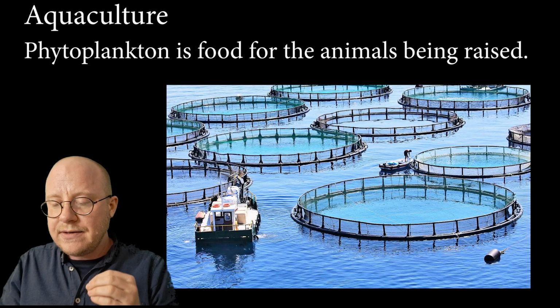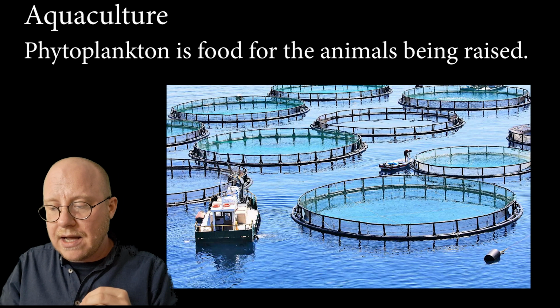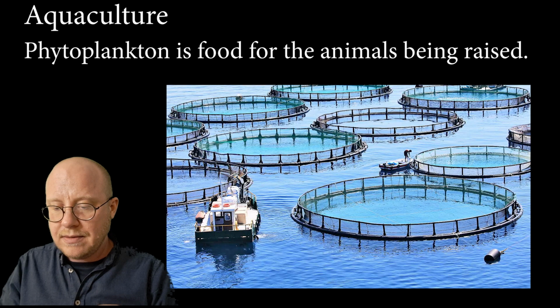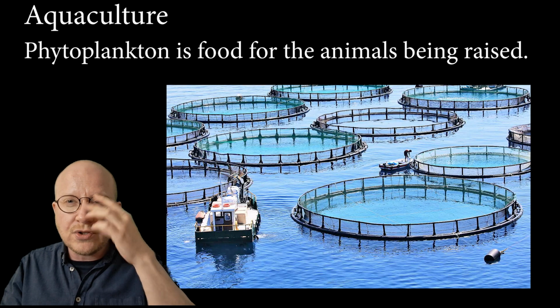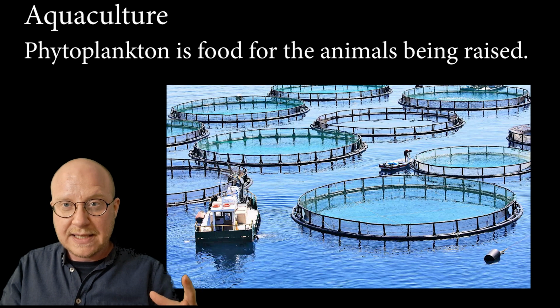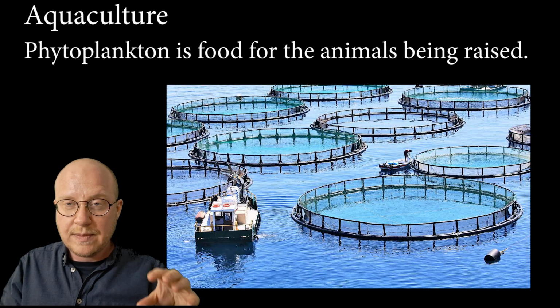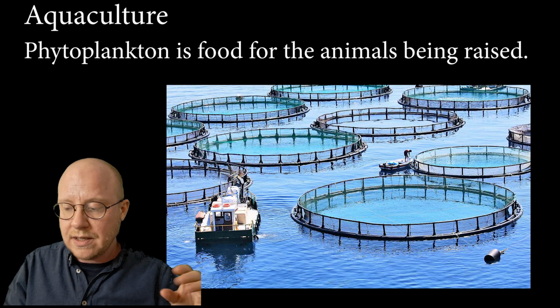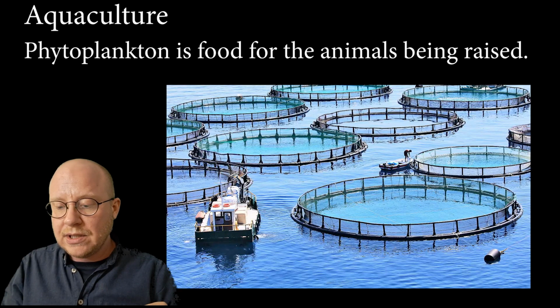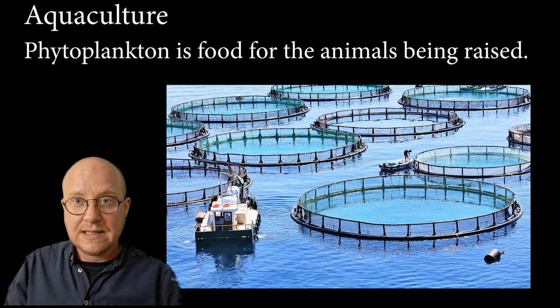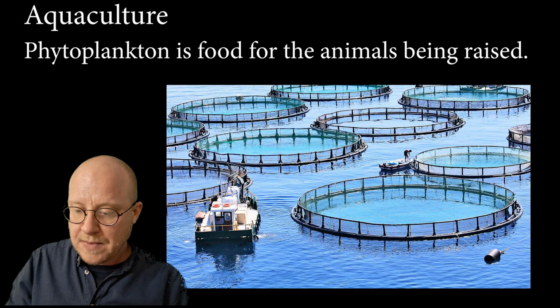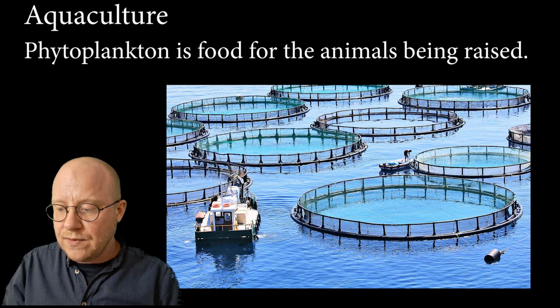Okay. So going back to the main text and look at the little subheading, aquaculture. Phytoplankton are a vital food supply in aquaculture and mariculture, marine farming. So aquaculture is basically all water-based farming, like we're growing things in water as opposed to on land. And mariculture is specifically to marine systems, salty systems. Both use phytoplankton as food for the animals being farmed.